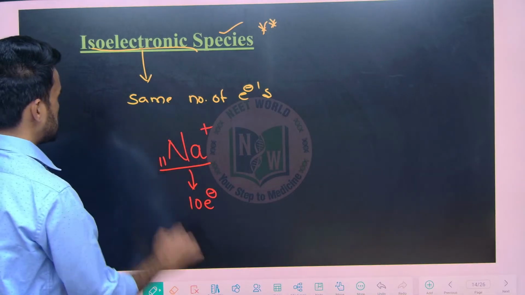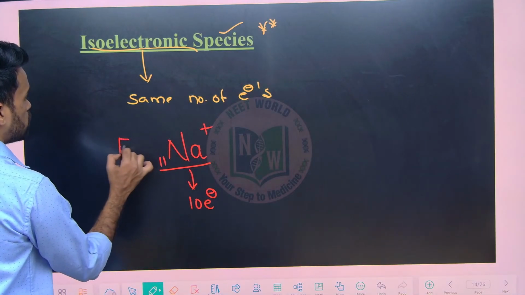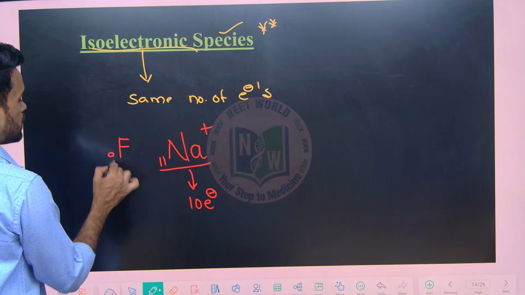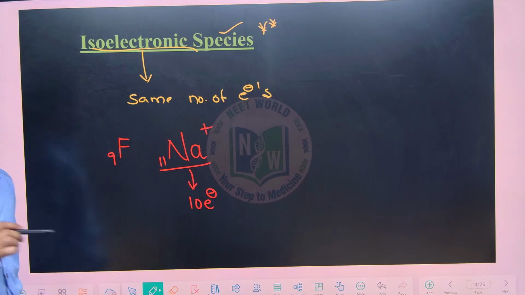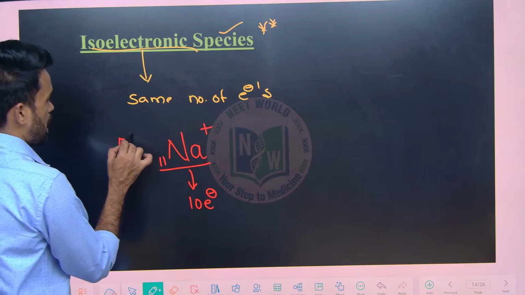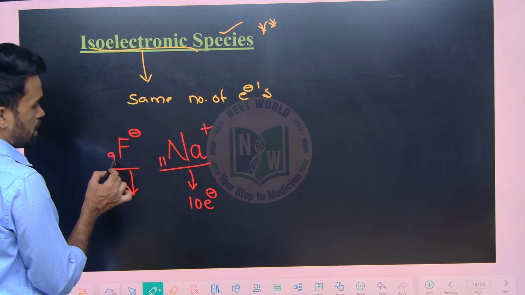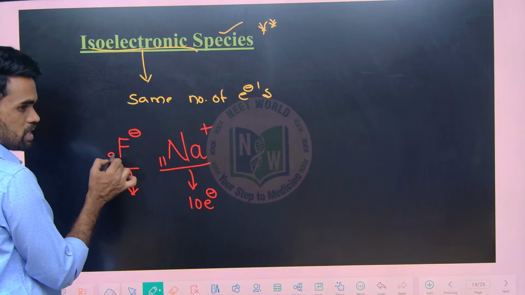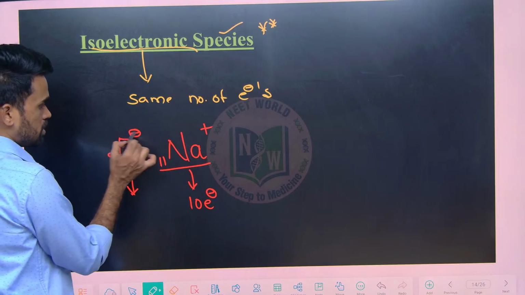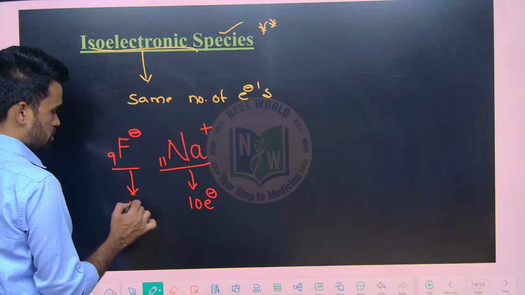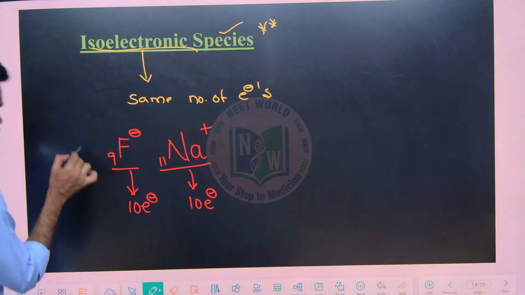Next, we know fluorine. Fluorine's atomic number is 9, meaning it has only 9 electrons. But I am adding one electron, so it becomes F-. It had 9 electrons in the atomic state, then I added one electron, so it becomes 10 electrons.